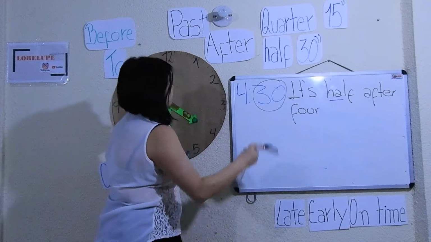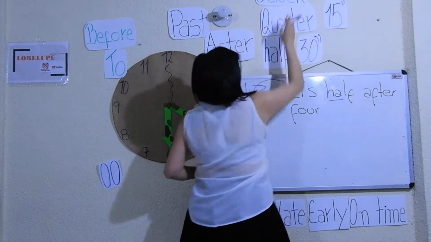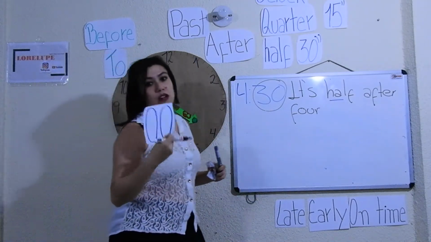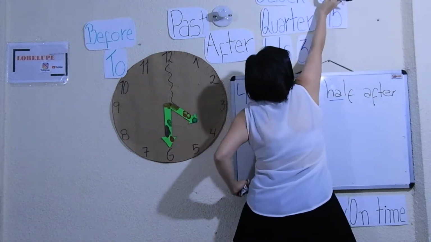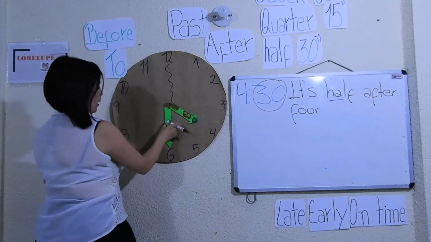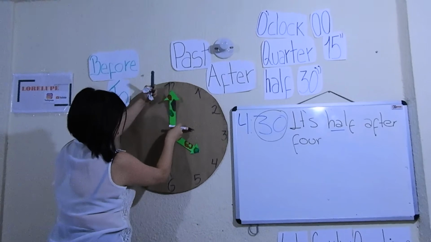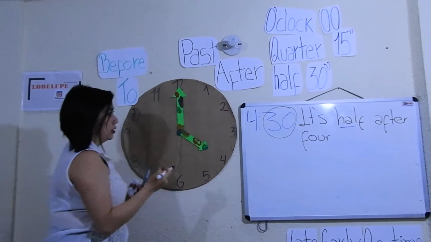Another one is the word, I'm super short, o'clock. When you say o'clock, it's because it is referring to exactly the hour, zero minutes. In that case, look at this.